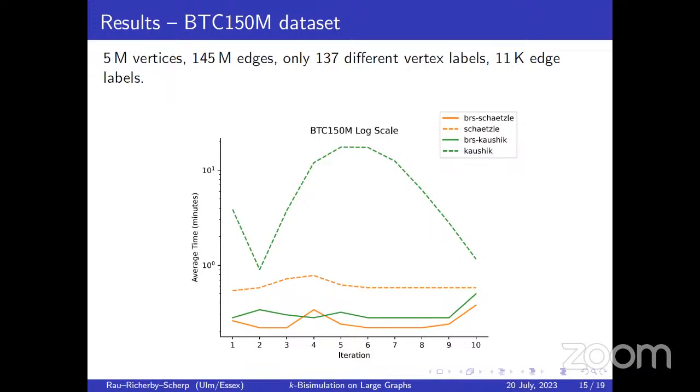I apologize to anyone who's colorblind. I only noticed that when I came to make the slides and it was a bit too late. The orange line is the two versions of Schätzler, and the green is the Kosiol. Main takeaway here is that ours is actually faster per iteration.